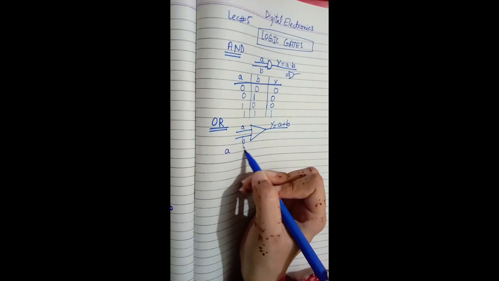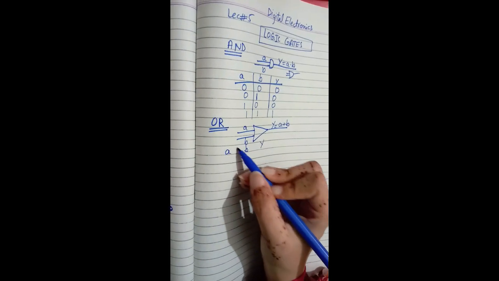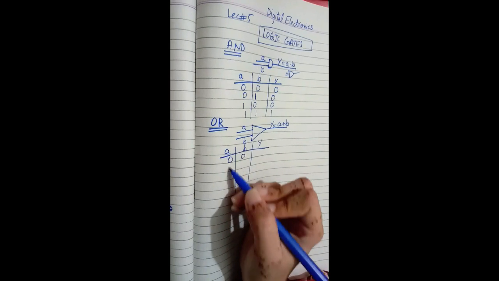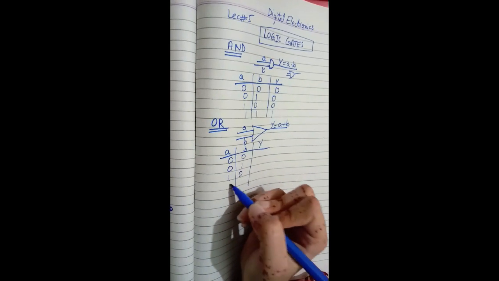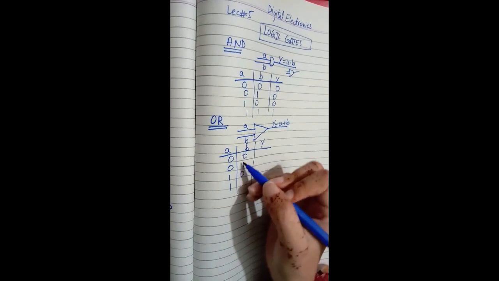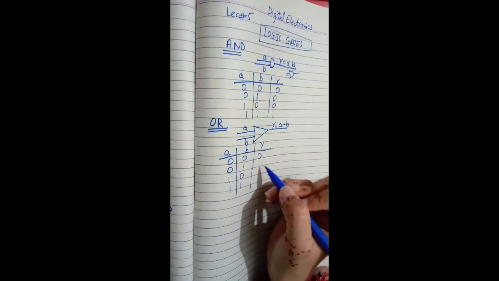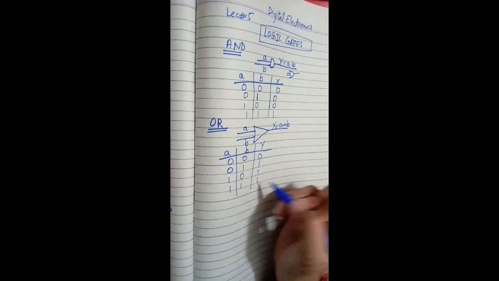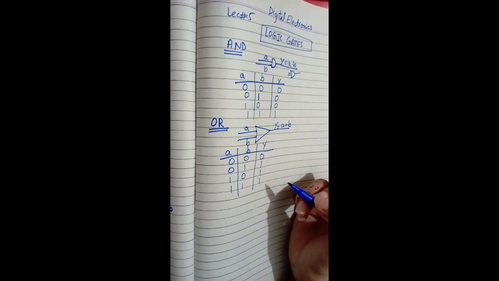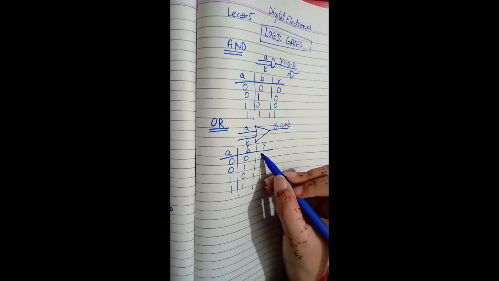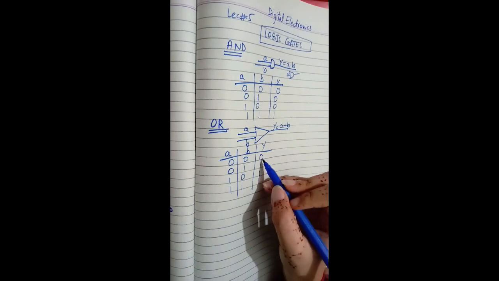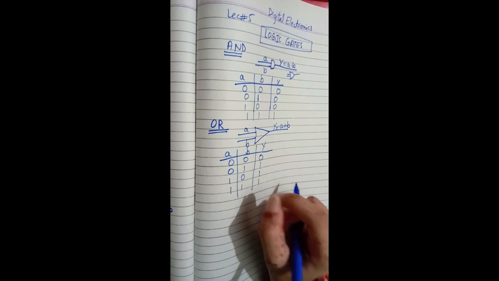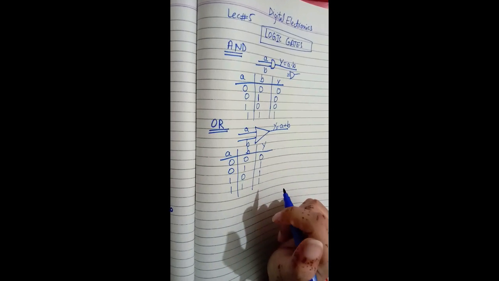So A, B and final is Y. 0 0, 0 1, 1 0, 1 1. By doing the simple addition, 0 plus 0 is 0, 0 plus 1 is 1, 1 plus 0 is 1, 1 plus 1 is 1. It says whenever both our inputs are 0, the final result is 0. And whenever any of our inputs is 1, the output will be 1.